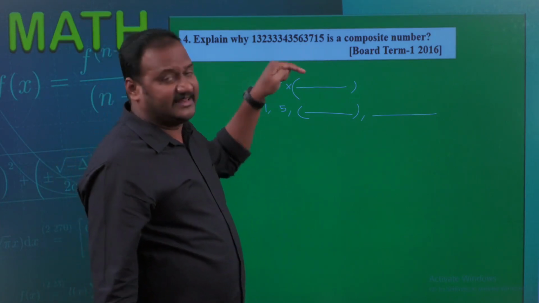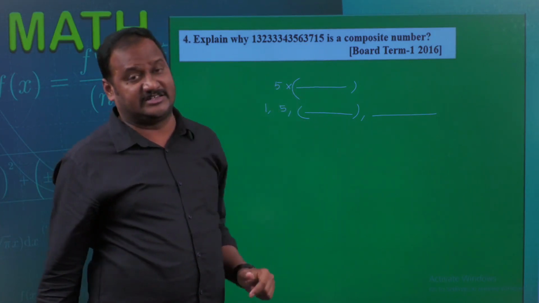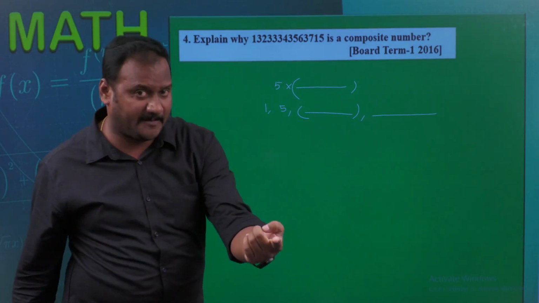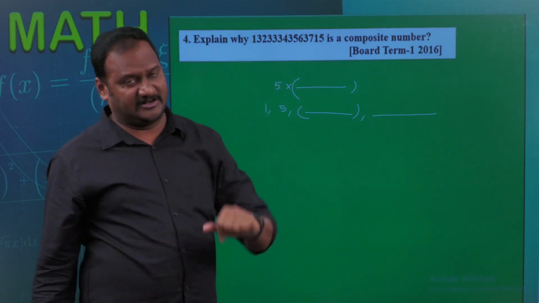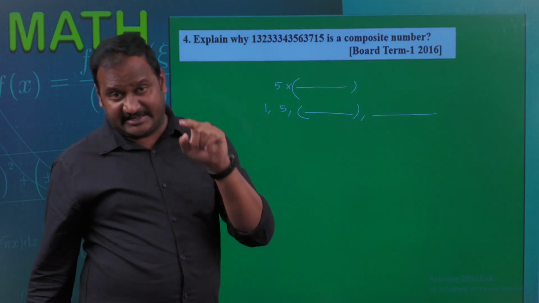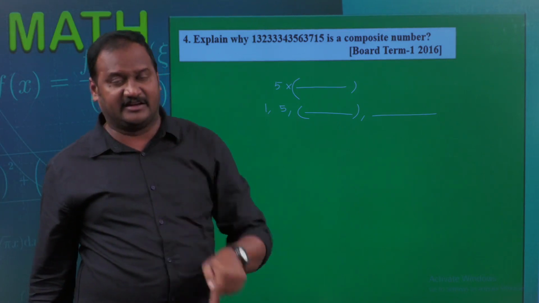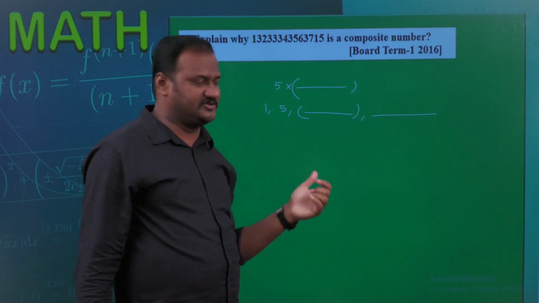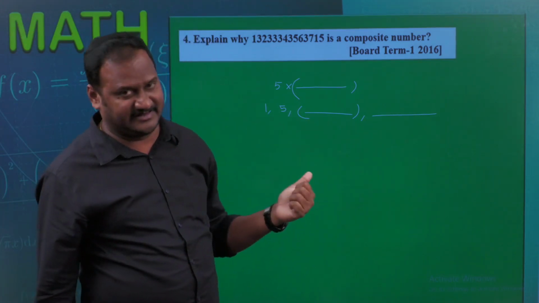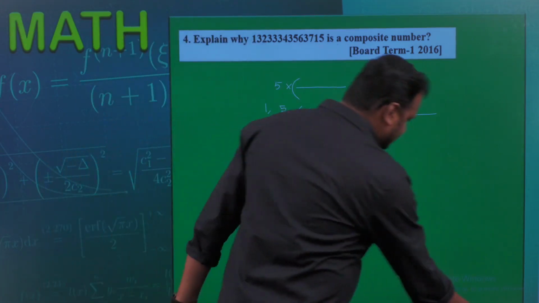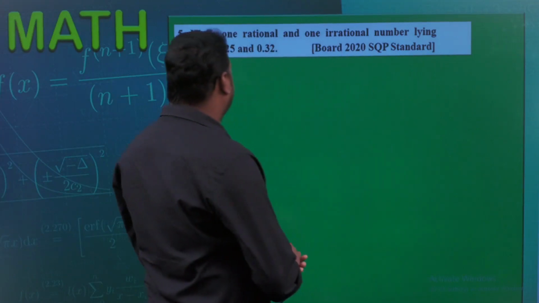Just by looking at the last digit, that is the unit digit, if the unit digit is an even number, then also that number is a composite number. If the unit digit ends with 0 or 5, then also that number can be considered a composite number, because we can express it in this way. Right? Next, moving on to the next problem.